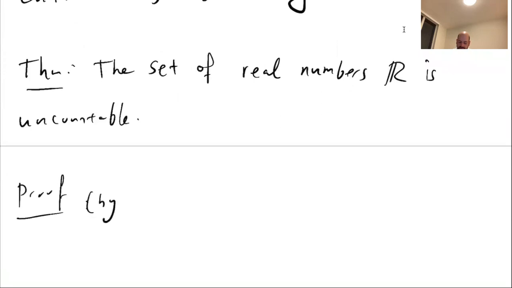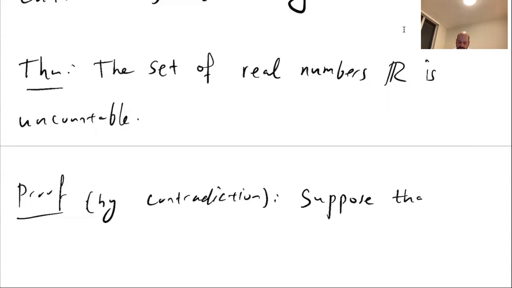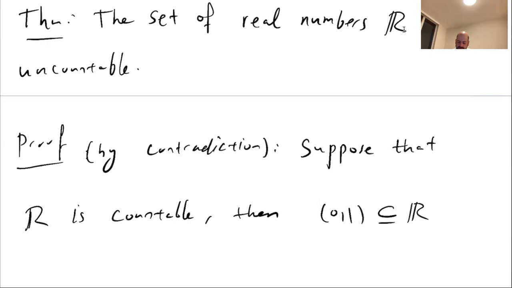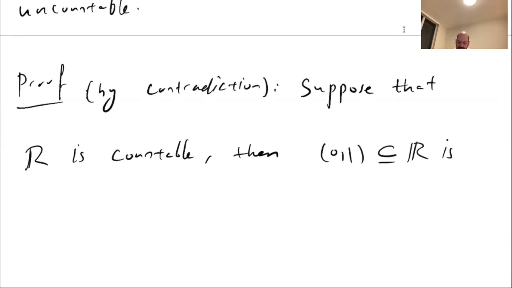Again, by contradiction. Suppose that R is countable. Then 0 to 1, which is a subset of R, is also countable.